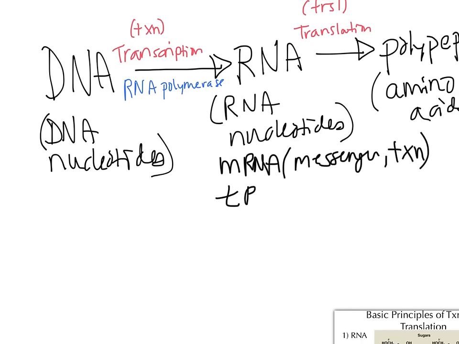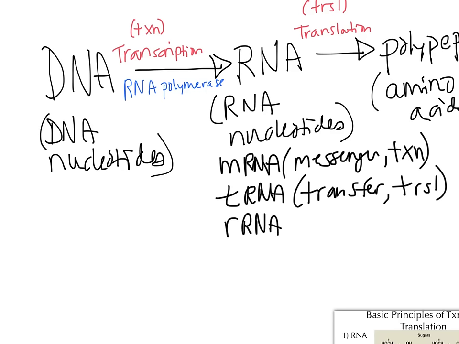There's also tRNA. That stands for transfer, and that's going to be important in translation. There's rRNA, which is ribosomal RNA, also important in translation. It is a part of the ribosome complex.